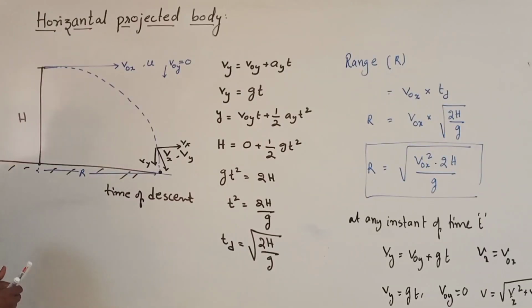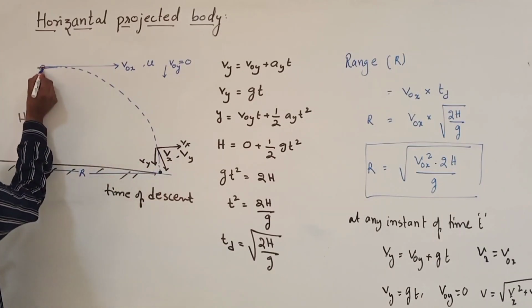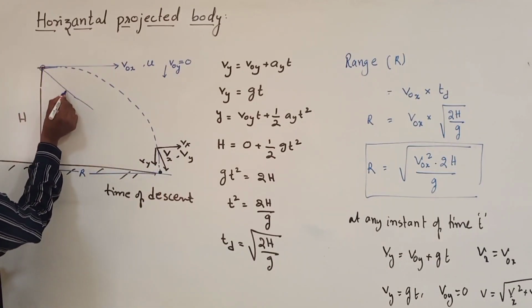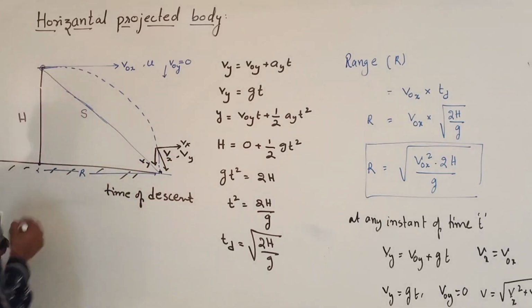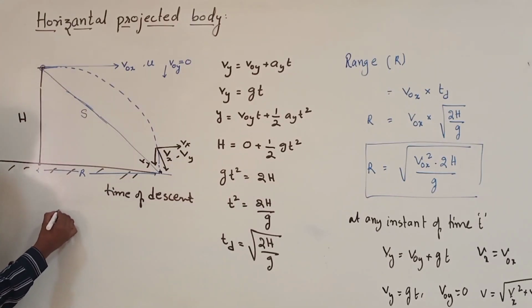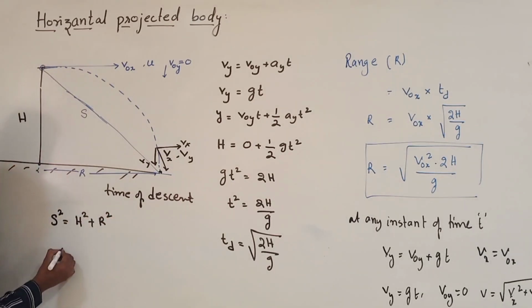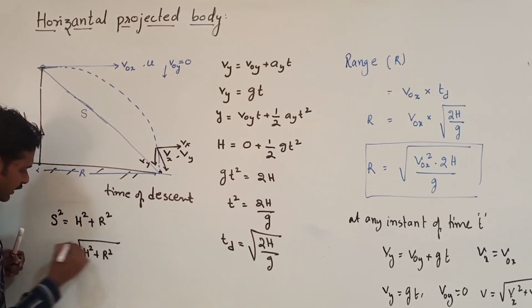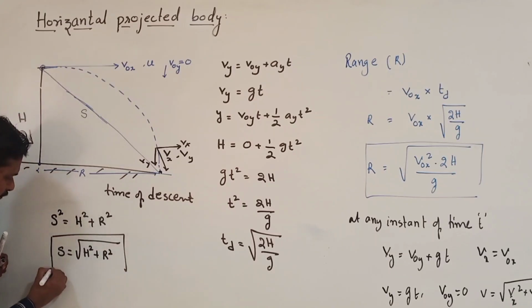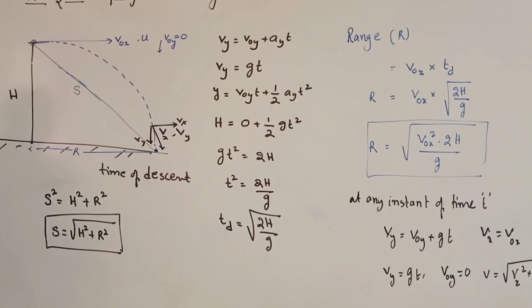Now what is the displacement over here? This is the initial point and this is the final point. The displacement is the shortest path, the distance between the initial and final point, let's say s. Now how to calculate s? It is the hypotenuse. Now s square is equal to h square plus r square. Now s is equal to under root of h square plus r square. Now you can substitute the formulas of h and r from there, then you can easily write it.